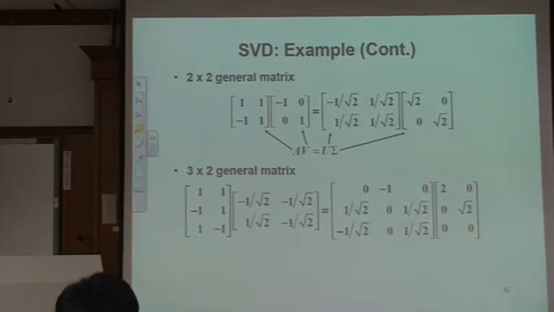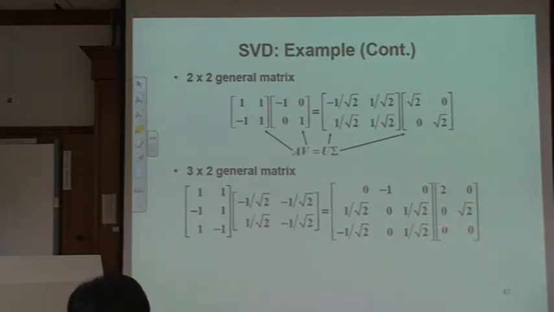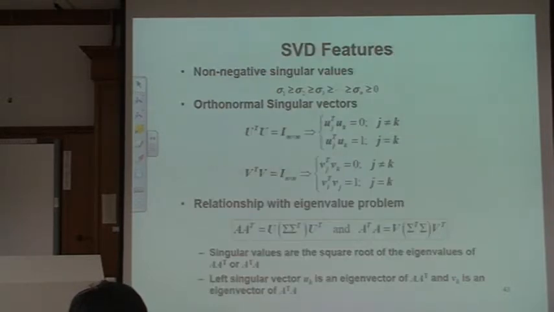This is the singular value matrix here. Because we only have rank two, two independent vectors, we can get only two distinct singular values, and the rest here are just zero. We already saw that in the previous slide. Okay.